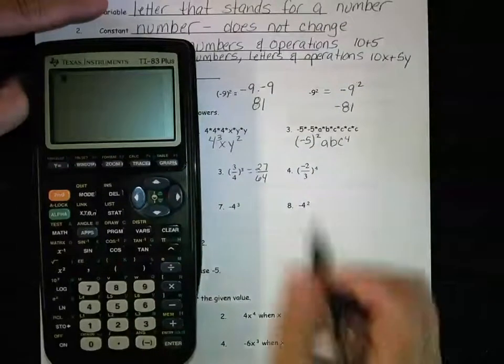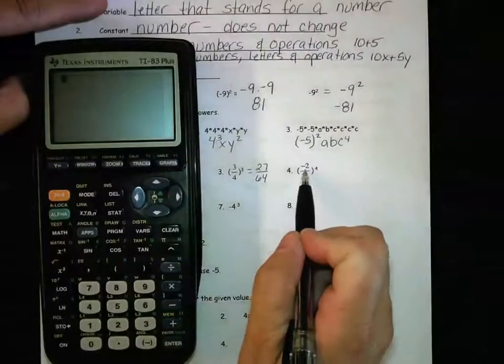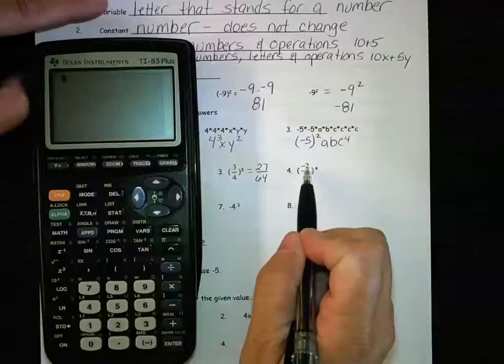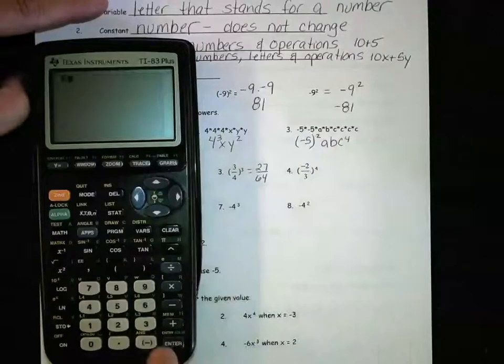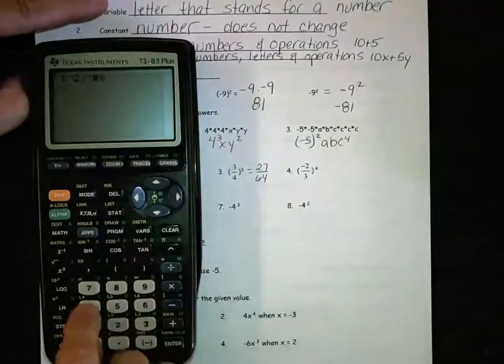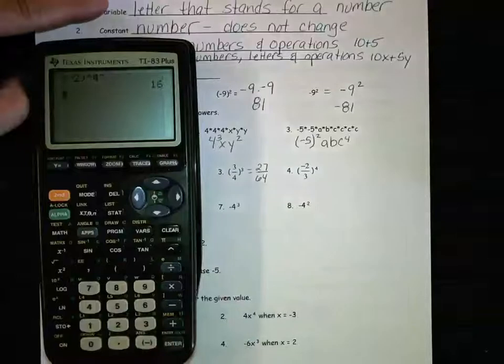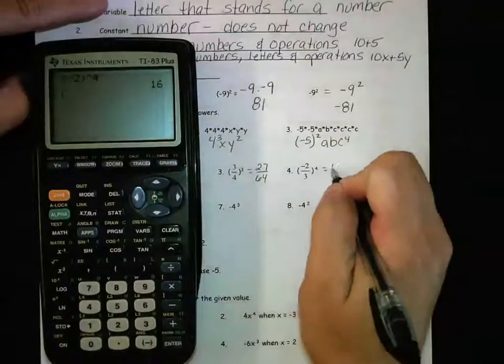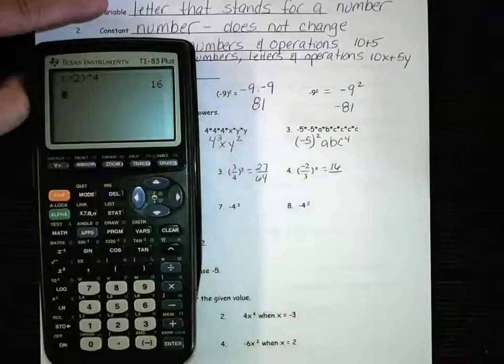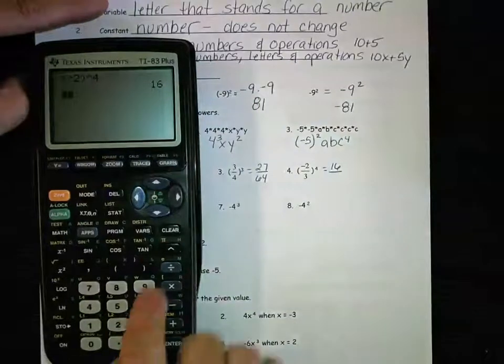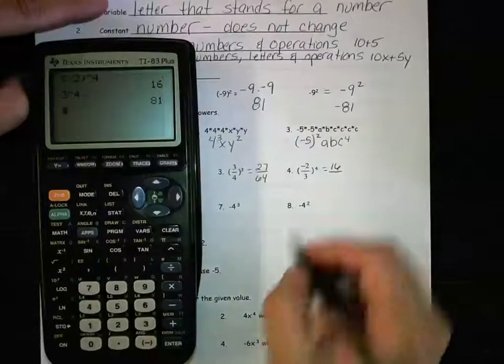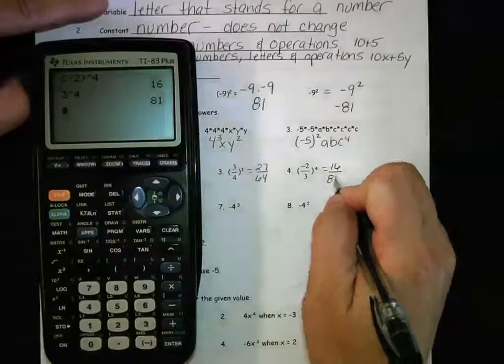Number 4, we want -2 times -2 times -2 times -2, so we have to do our parentheses. -2 to the fourth is 16. That's on the top of the fraction. And 3 to the fourth is 81.